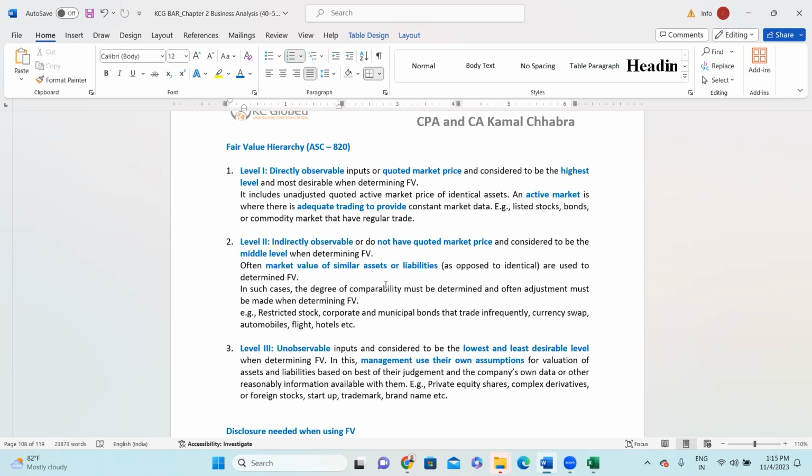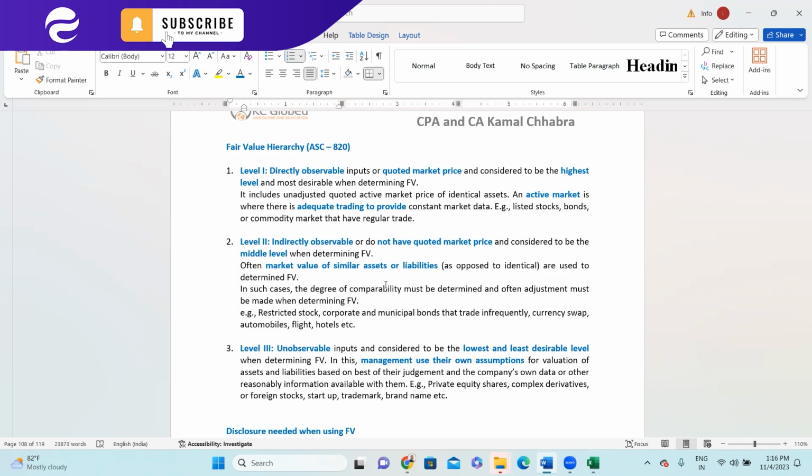But if the respective investments are not traded in any active market, right? Or maybe traded but not actively traded in the active market, then how do you value that particular investment? Then you go to level 2. In level 2, it is indirectly observable or does not have a quoted market price. For example, let's assume EY is listed on the stock exchange, right?